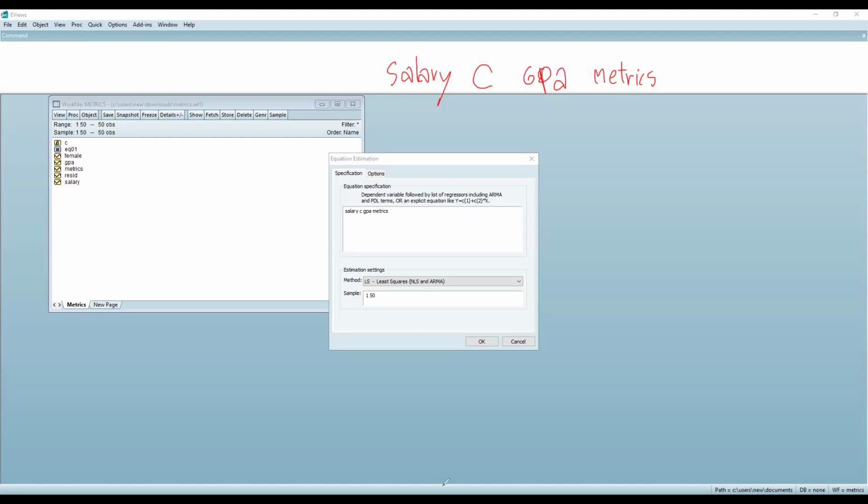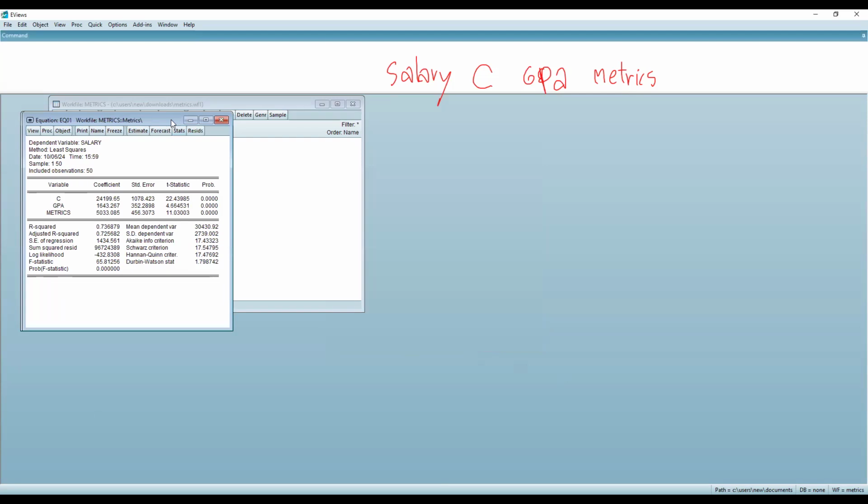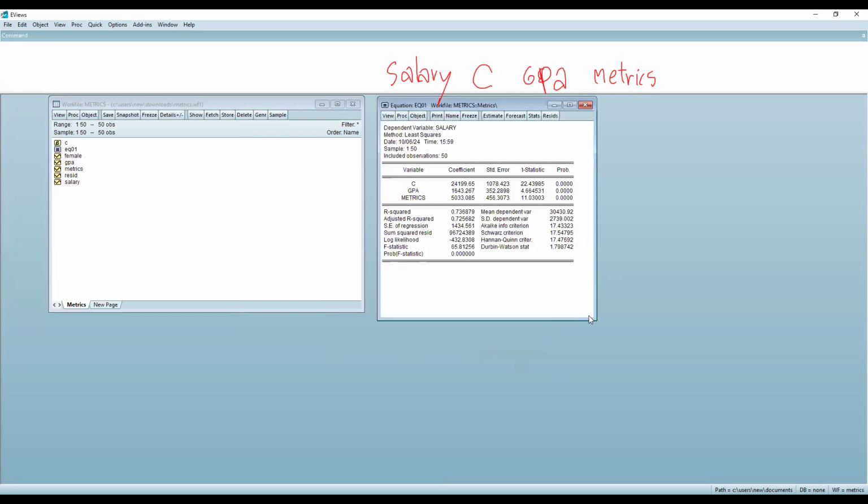Do you get the result? Yes. Okay, we have like 30 minutes left, so let's interpret again. After you see this equation, what should you look at first? The F. Is it okay?